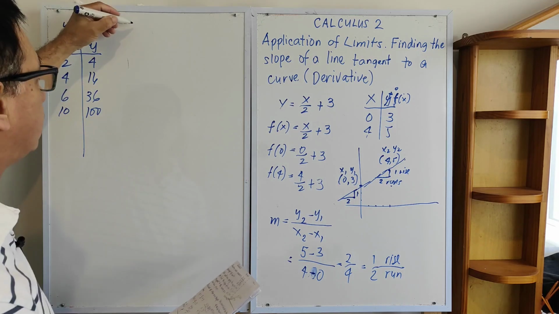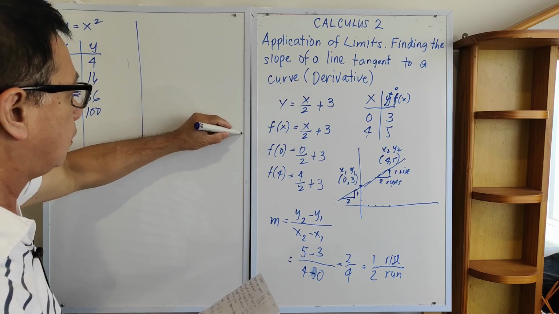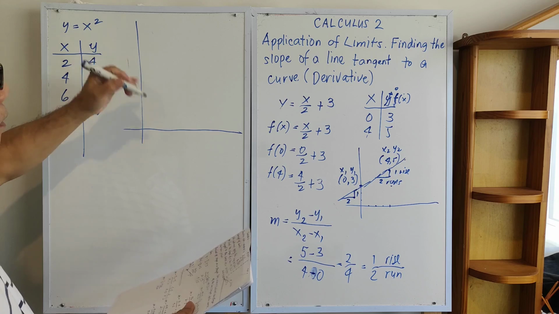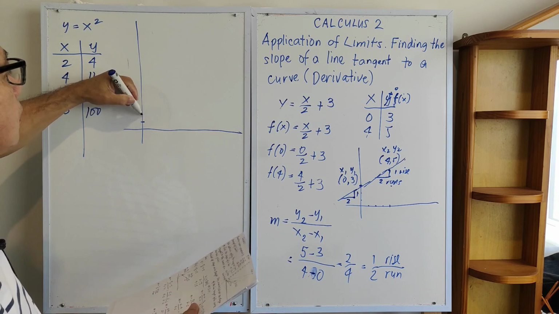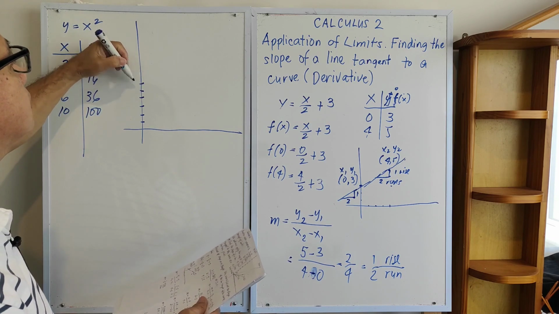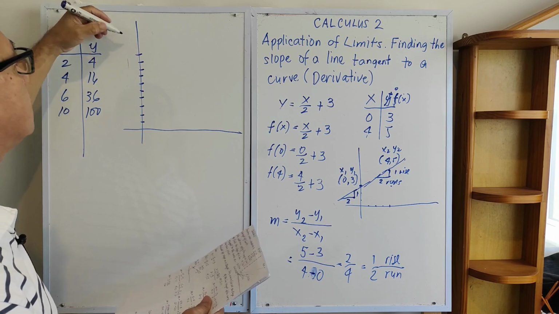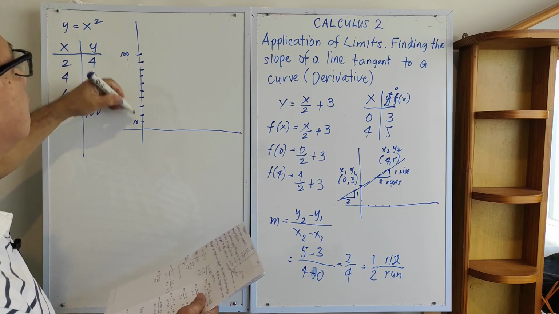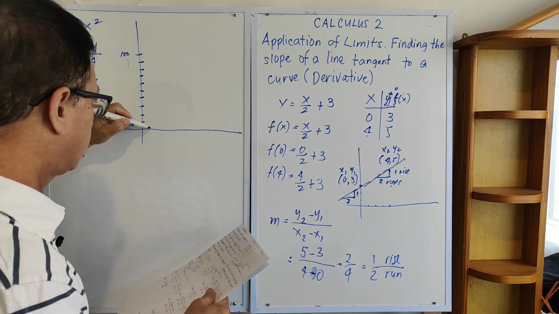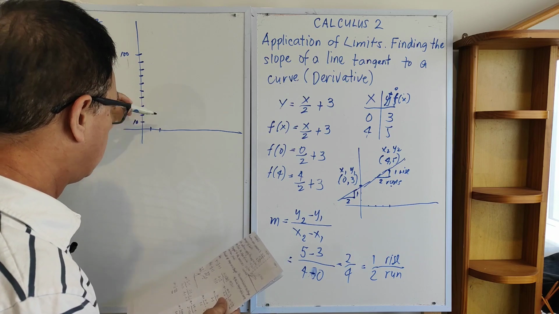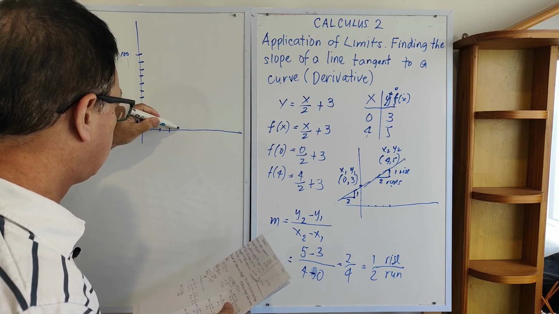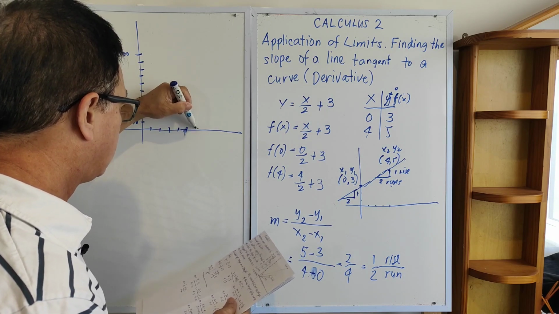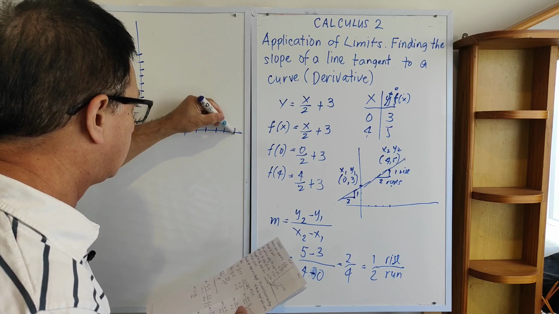So let me plot it here. I'll just use a different scale. 1, 2, 3, 4, 5, 6, 7, 8, 9, 10. So let's say this is 100. Each is 10 up to 100, but in here I'll just use single units: 1, 2, 3, 4, 5, 6, 7, 8, 9, 10.